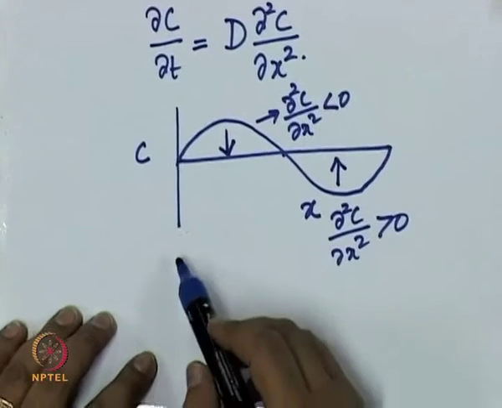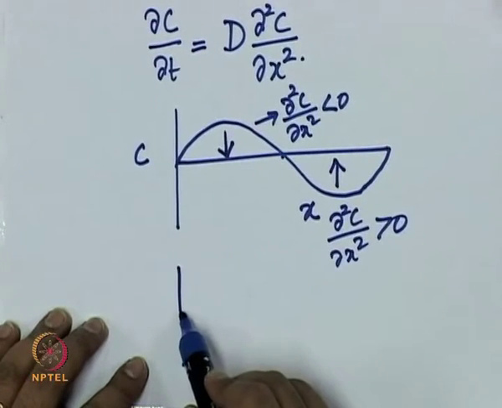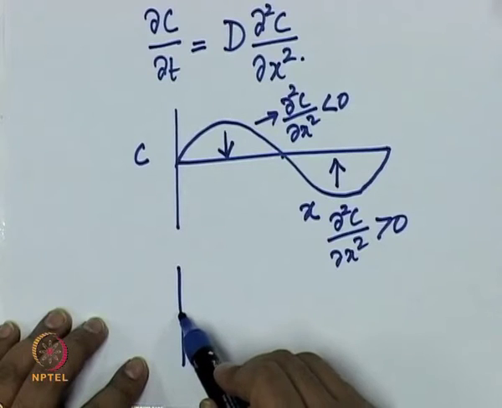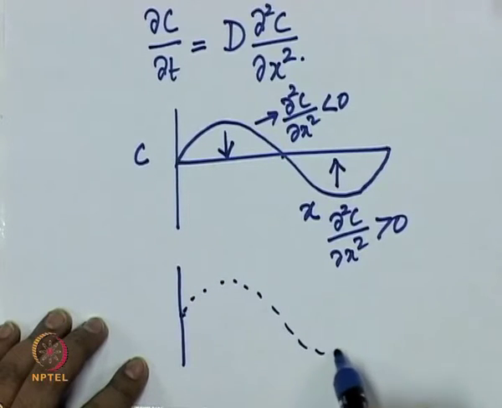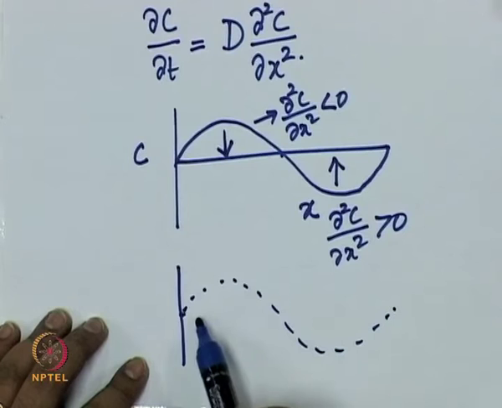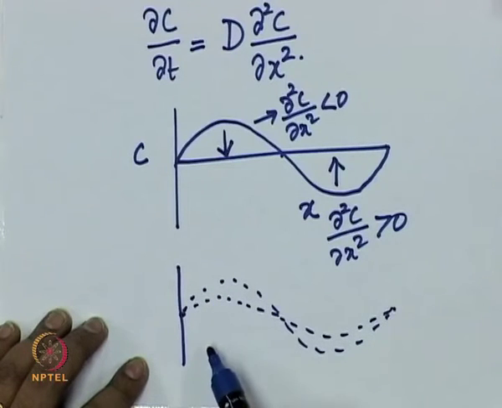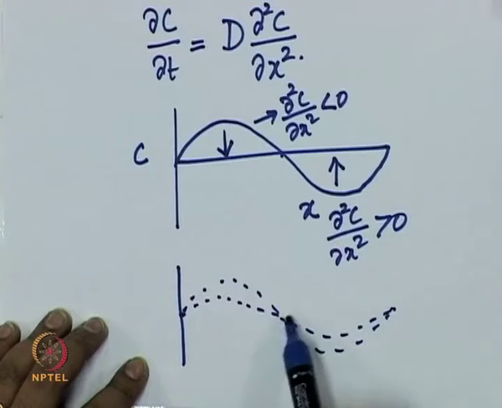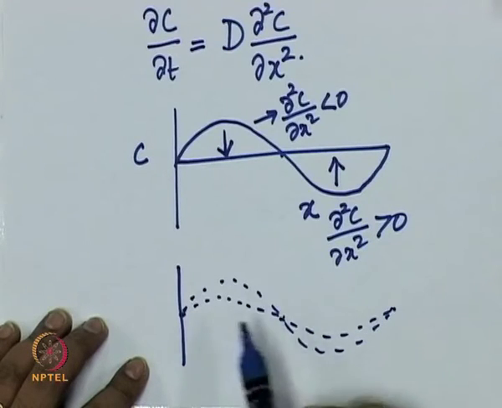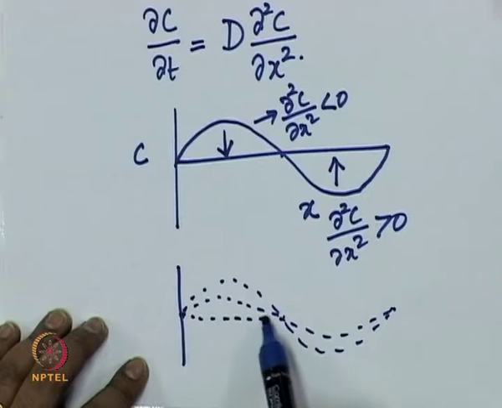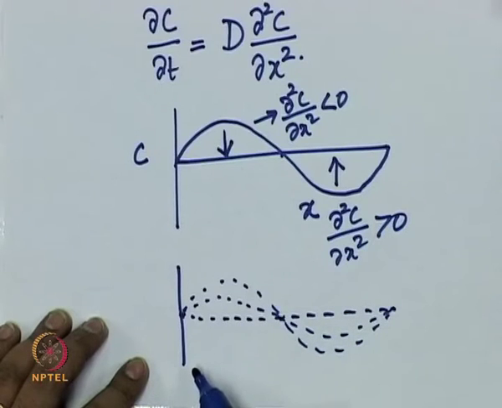So, what is the effect of this? After some time you will see that you had this as the concentration profile, but as time goes by it becomes like that, because remember anywhere it is 0 it will remain at that point, it will not change. So, after a while you get a concentration profile which is like this.